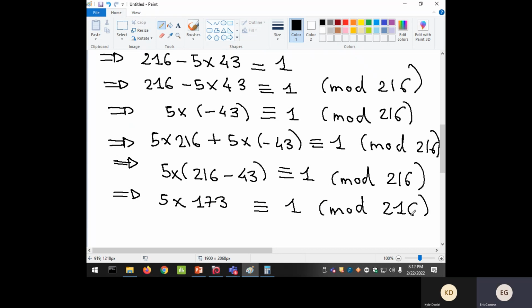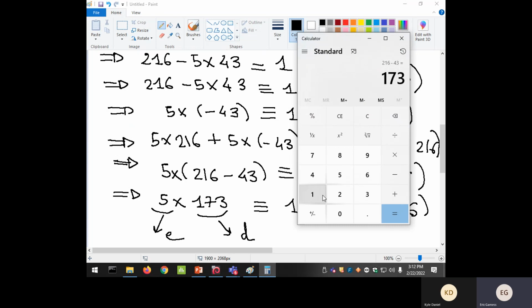So remember that the public exponent E, we choose it as 5. So this will be the private exponent, D. Let's verify that we don't have any problem. So look, 5 times, do I have the modulus here?